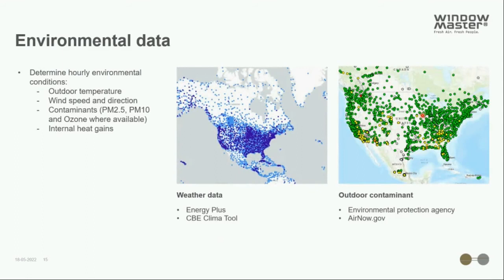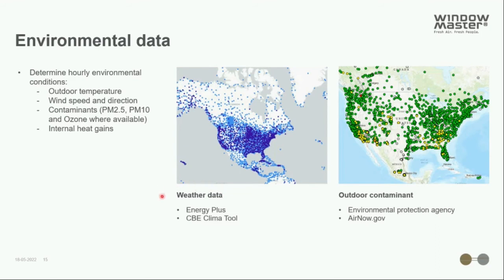The last part, or actually the first part of the engineered path, but the last part in my approach to this path, is the environmental data, where we have to account for the outdoor temperature, the wind speed, the wind direction, and the contaminants if the data is available.